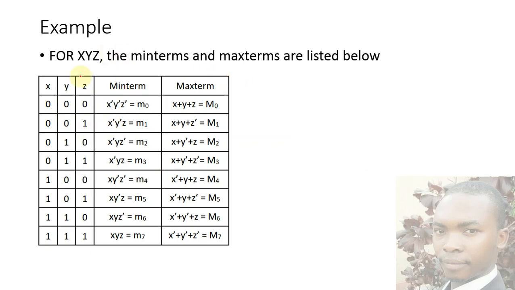For example, we have this truth table of 2 to the power 3. So for x, y, and z, we all know how to name this. I want us to follow very well such that we understand this, even on the theoretical part. So can we get all possible values of x, y, and then z?